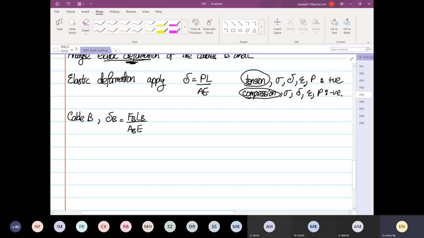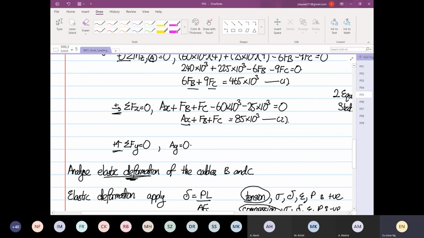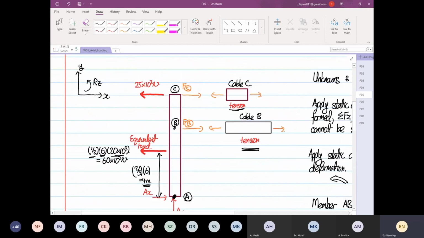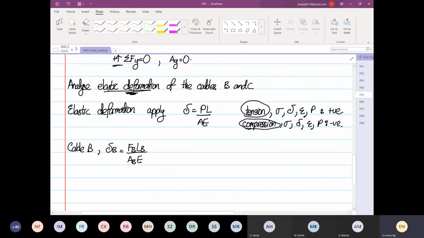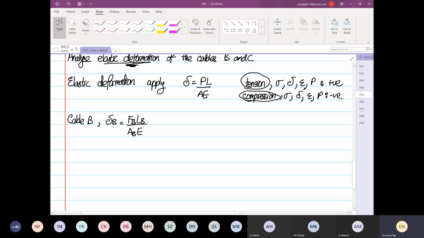So we are given all this information. So now we have the opportunity to find our FB. So the deflection of point B: FB multiplied by the length LB, which is 4, divided by the cross-sectional area.